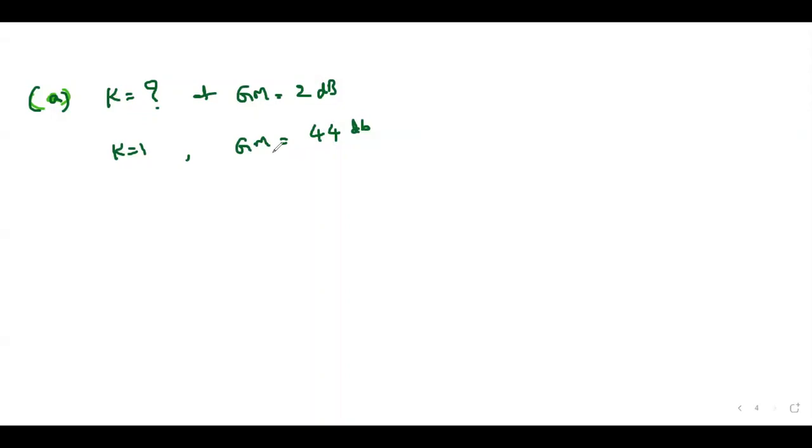Nothing will be different. If this is the 44 dB we got for K equal to 1, then we need to get 2 dB. How to get 2 dB? See, we got the plot like this, and here at omega pc we got the magnitude of minus 44.